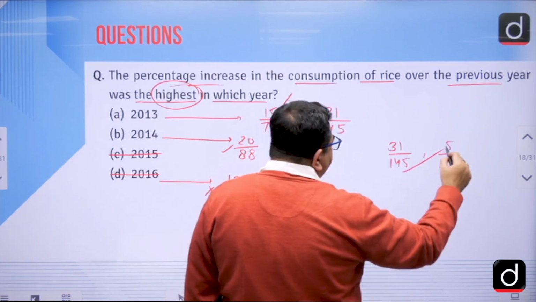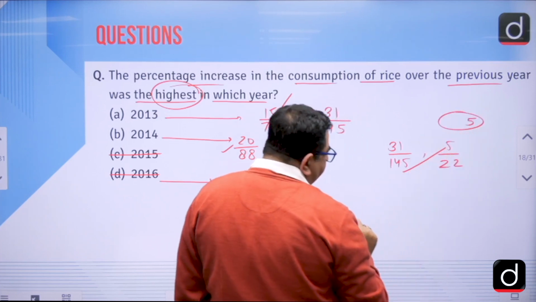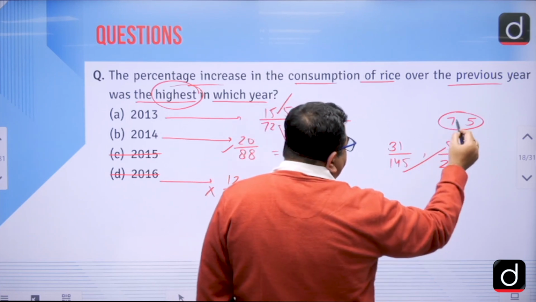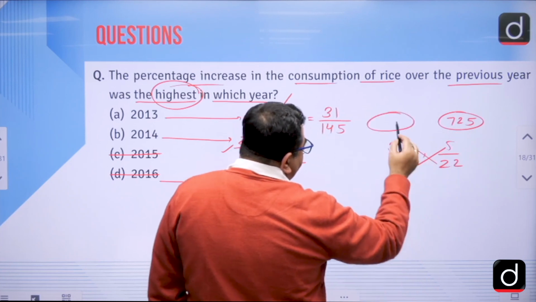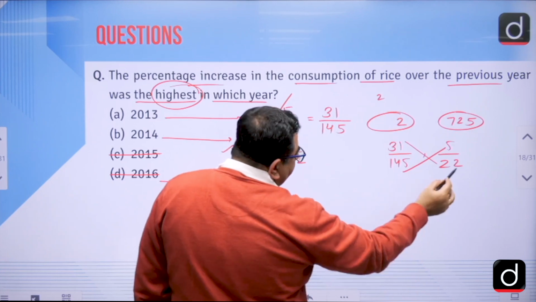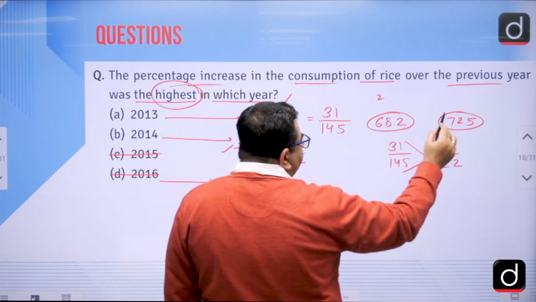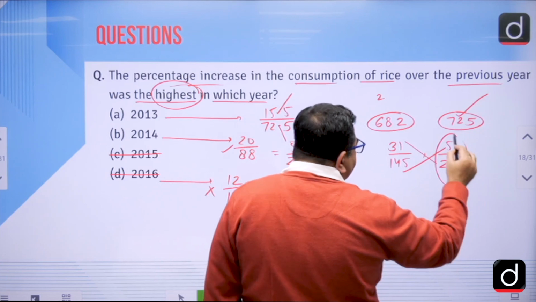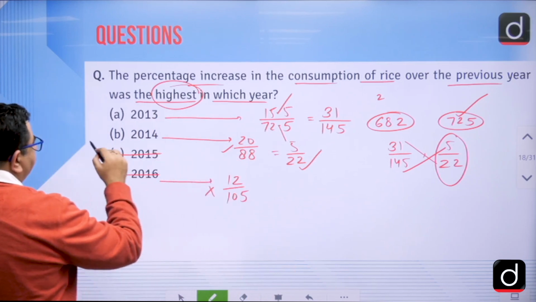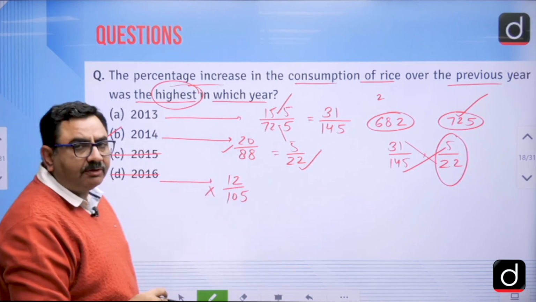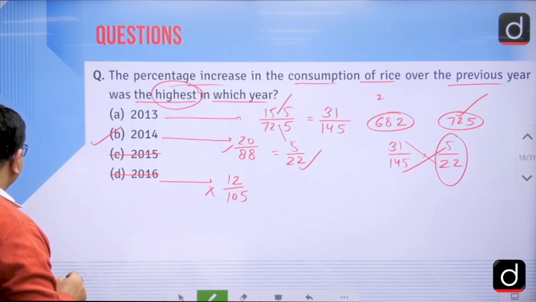Cross multiplying, 5 into 5 is 25, carry 2, then 14 into 5 is 70 plus 2, giving 725. Multiplying the other two, 22 into 31 is 682. Out of these two, this number is greater, so obviously this fraction would be greater, that is 5 by 22, which means 2014. This is the way we can compare the fractions and get the answers correctly. So 2014 is the correct answer for this.